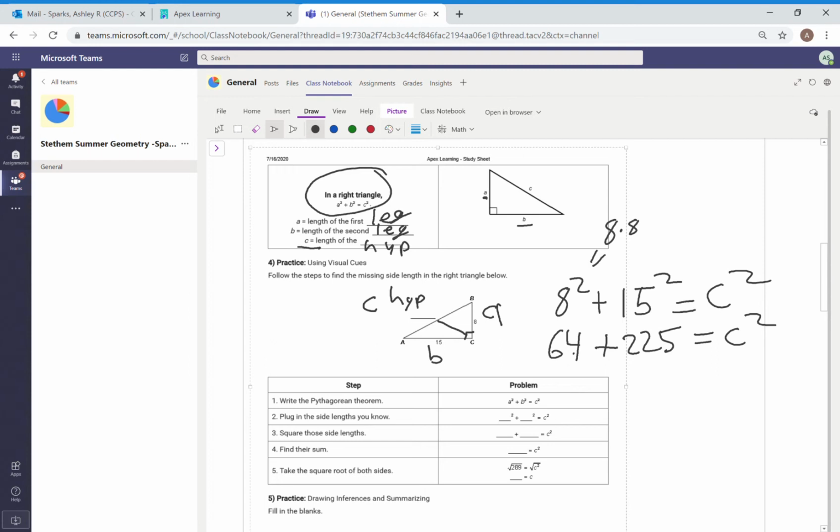Now we're going to add these two numbers together, and we get 289 equal to c squared. So the last part is we need to get rid of this squared here. We don't like having it. We want c alone. The opposite of a squared is this symbol called a square root. Again, it should be on your phone calculator.